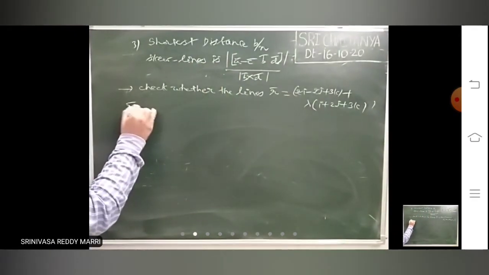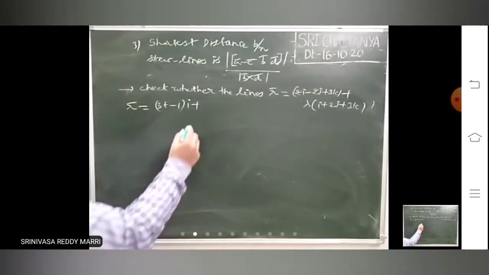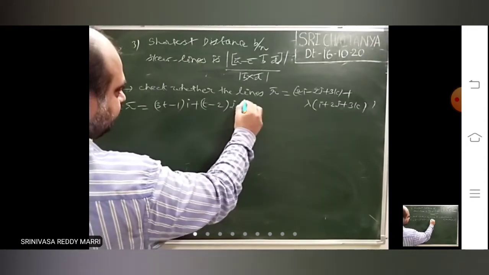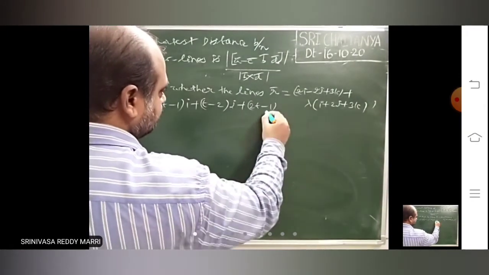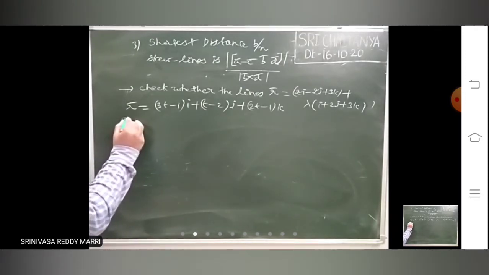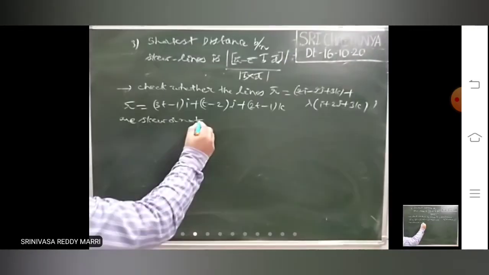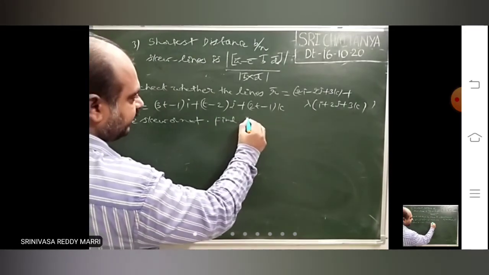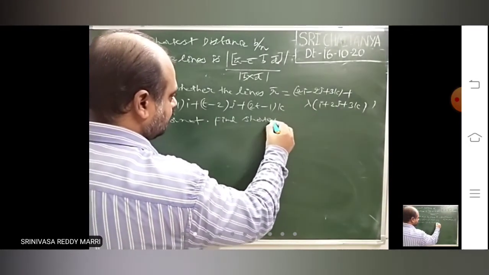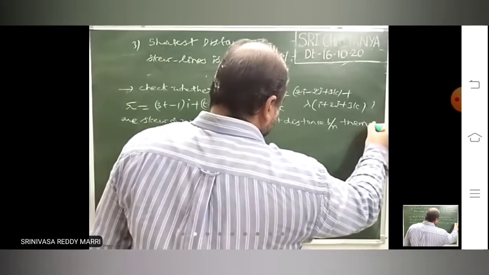Another line is R bar equals (3t minus 1) into i plus (t minus 2) into j plus (2t minus 1) into k.